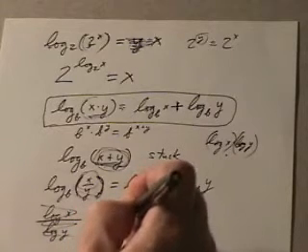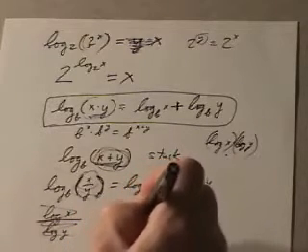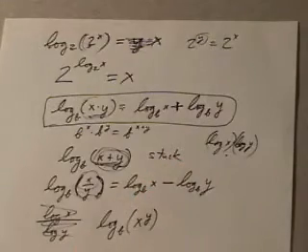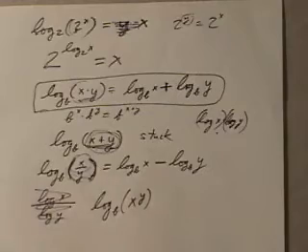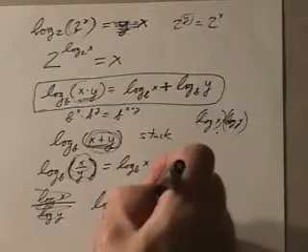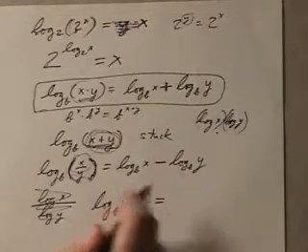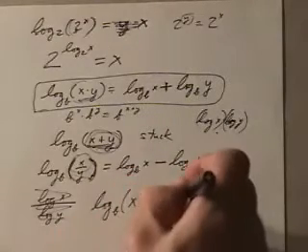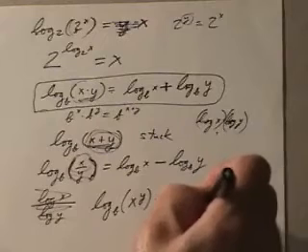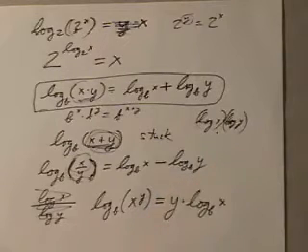The log base b of x to the y power. Logarithms work well with multiplication and addition, but they work wonderfully with exponentiation, because here they just knock the exponent down. So y as an exponent becomes a multiplier times the log base b of x.